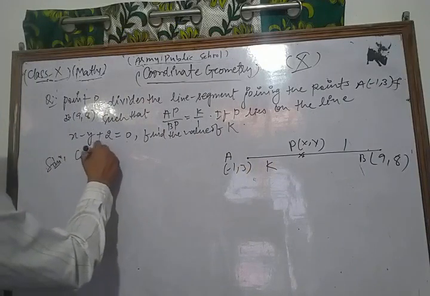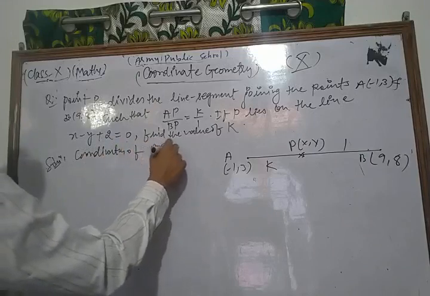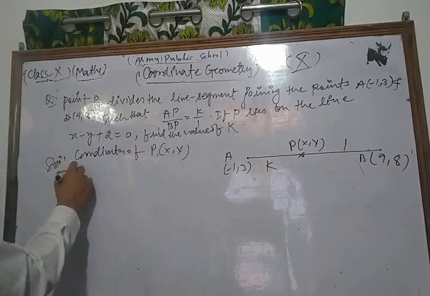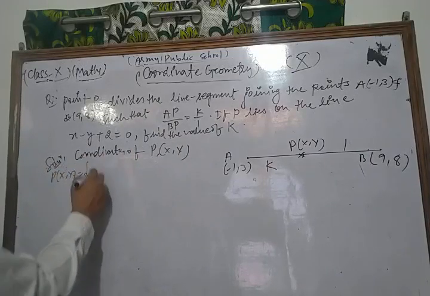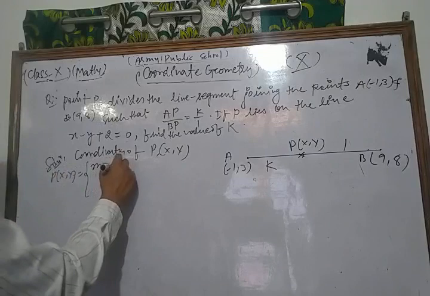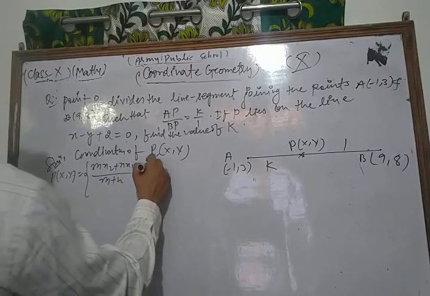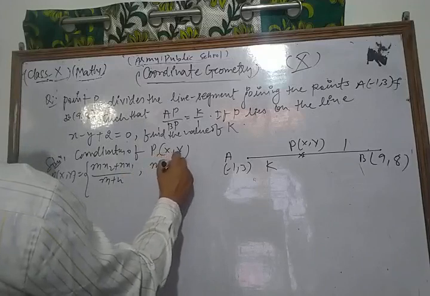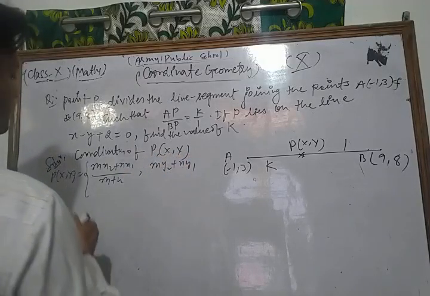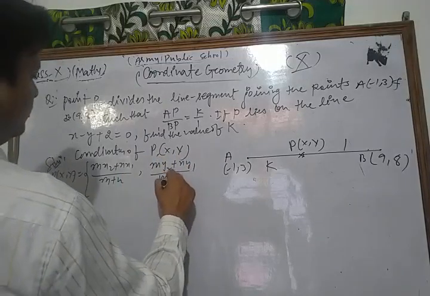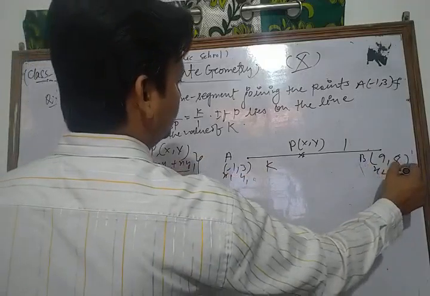First of all, we find the coordinates of P, (x, y). You know that the coordinates of P are (mx2 plus n x1 upon m plus n, my2 plus ny1 upon m plus n), where the points are (x1, y1) and (x2, y2).